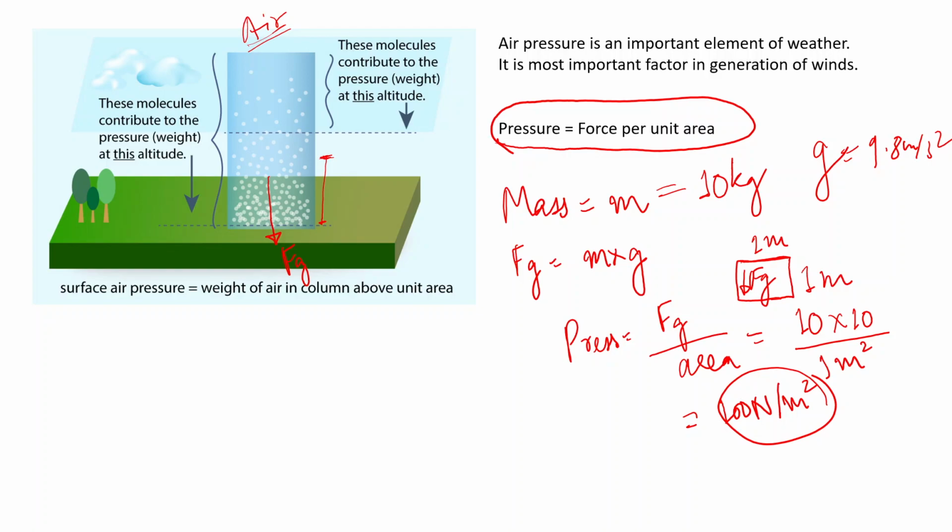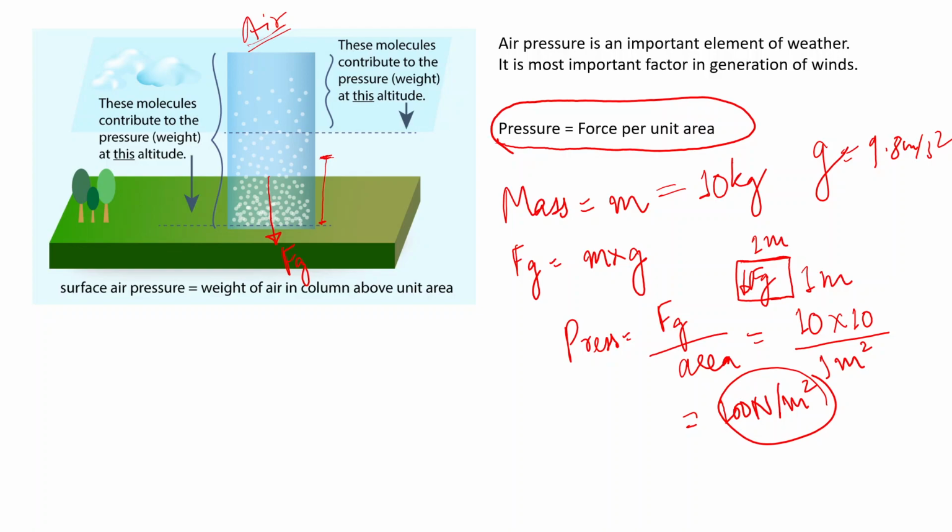As we go up in altitude, the air becomes rarer. So we can understand that as you go up the height, the air pressure decreases. It is greater closer to the sea level, and the higher you go above the sea level, the air pressure becomes lesser.